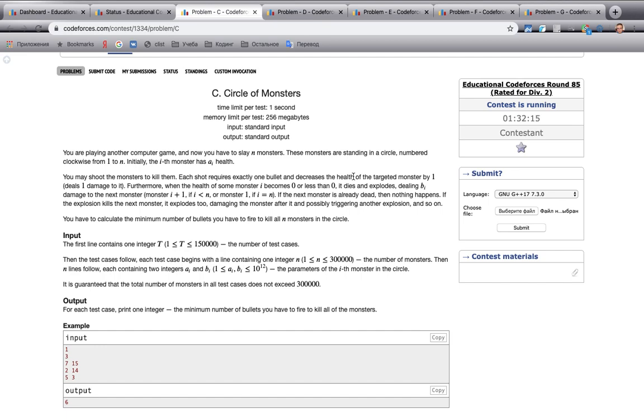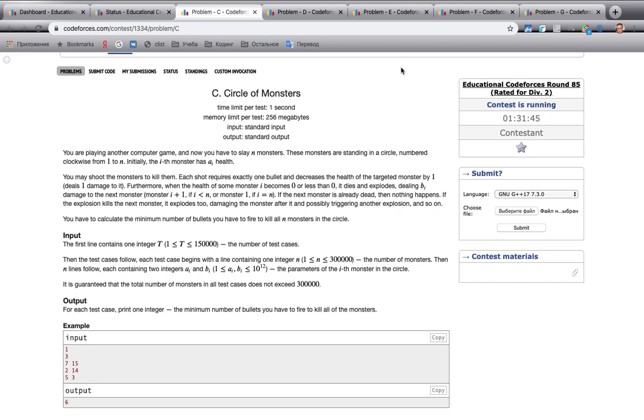On the other hand, we can look at this from a different angle. Let's look at some monster and let's look at the previous monster. If we kill the previous monster, our monster will incur b_{i-1} damage. If his health is not more than b_{i-1}, then he will die.